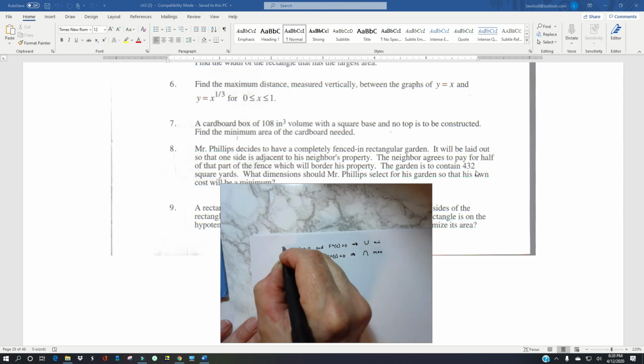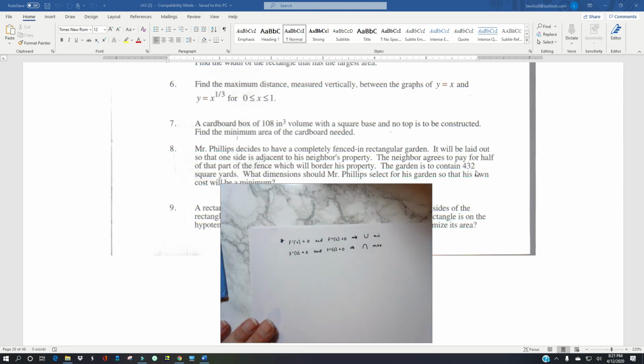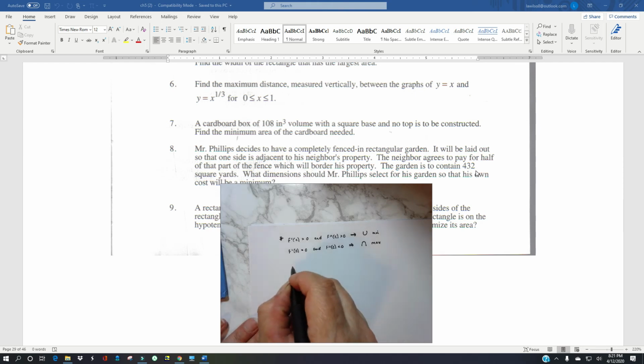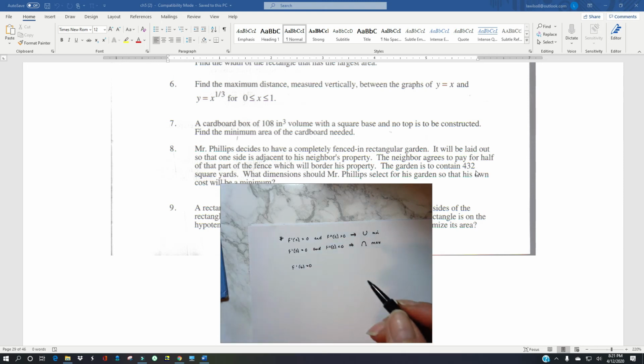So this is the thing I want, and I want to see if it's true. So what I know is f prime of 6 equals 0. I want to see what happens with the second derivative. So let's see, A prime of x was 2x minus 432x to the minus 2.